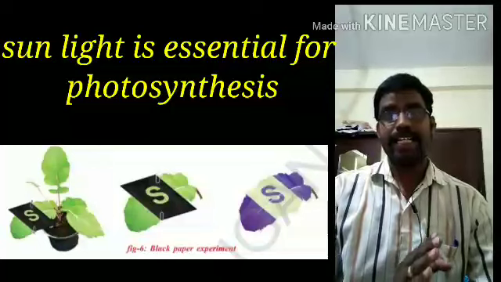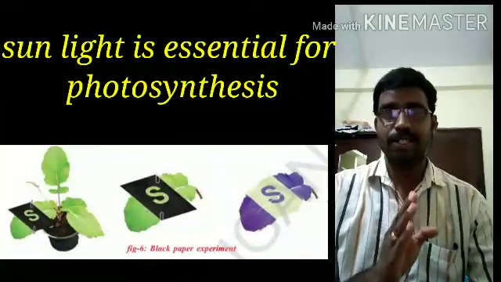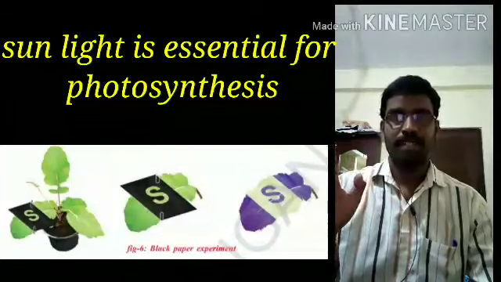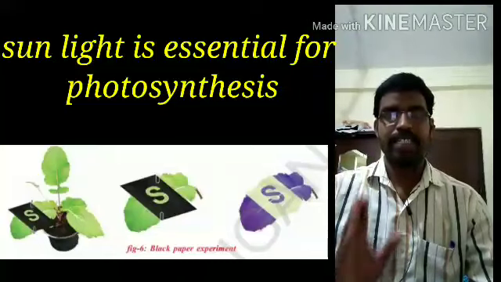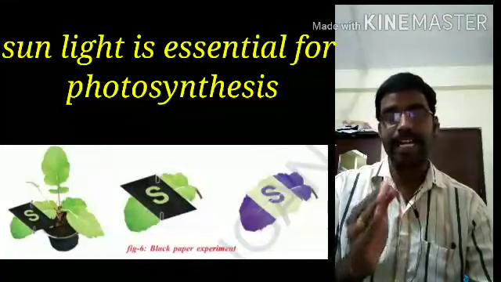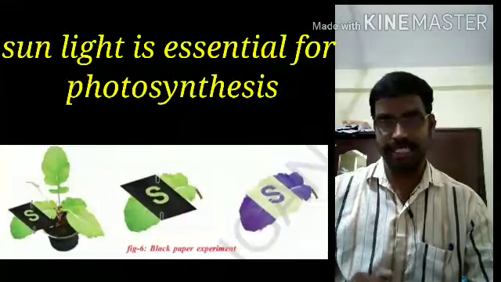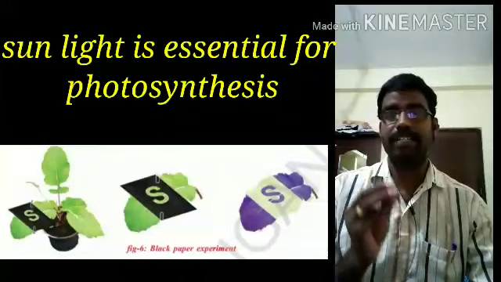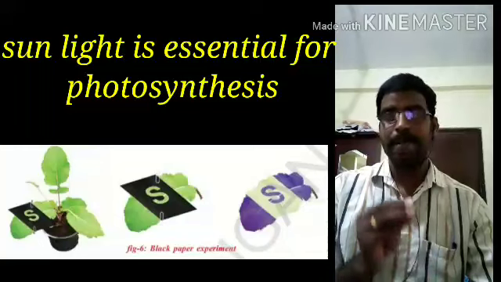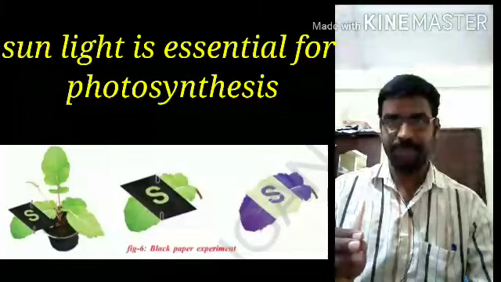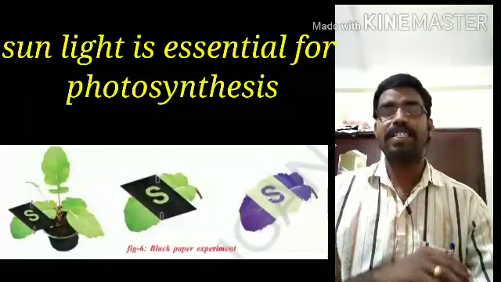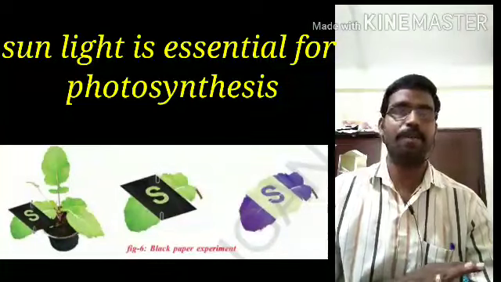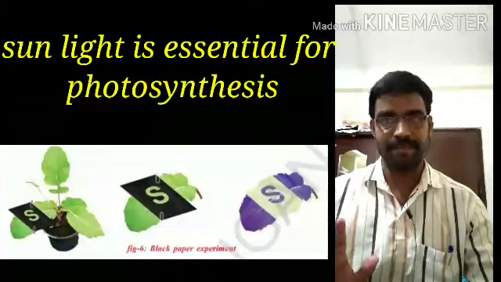Sunlight is the energy resource for the photosynthesis process. Sunlight provides energy for photosynthesis. With the use of this sunlight energy only, plants prepare their own food. So whenever sunlight is absent, there is no process of photosynthesis in plants.